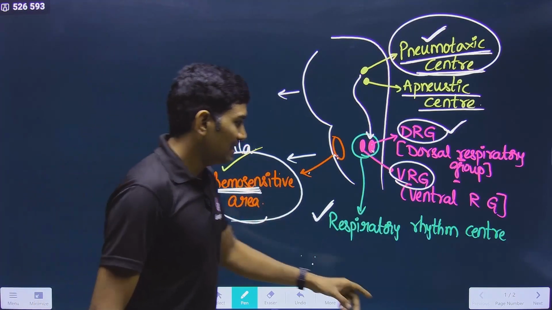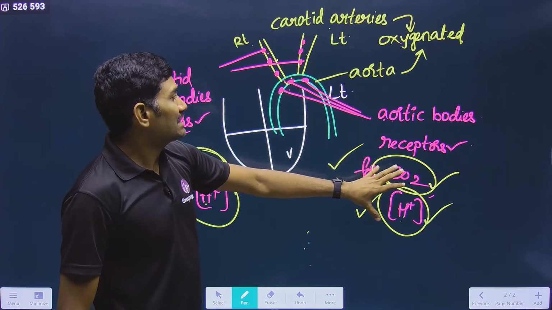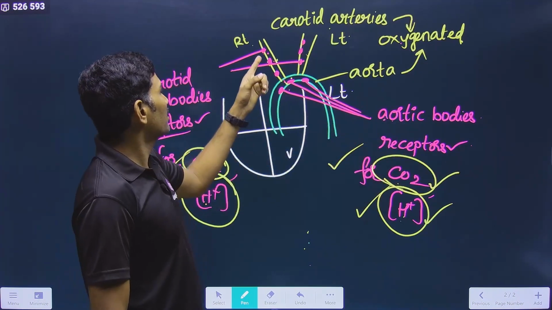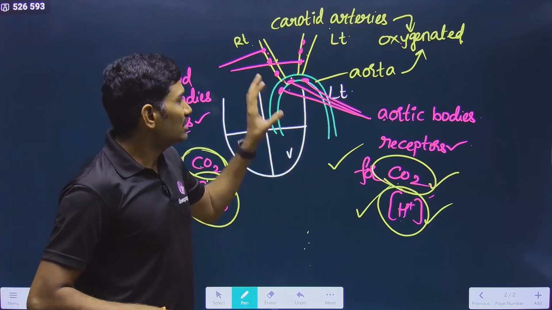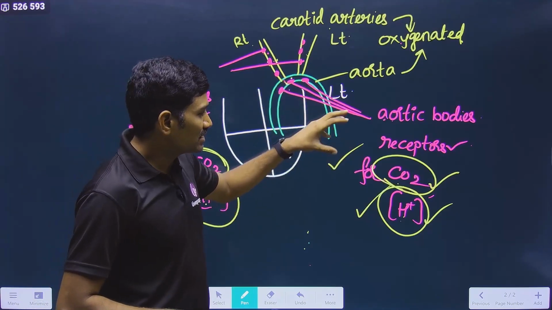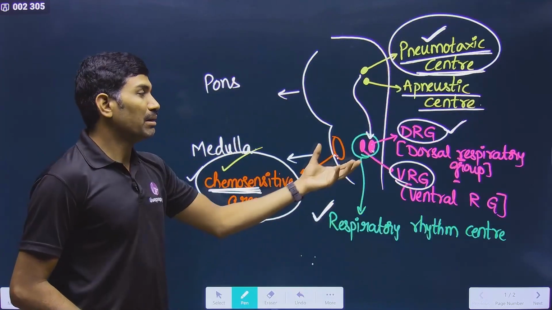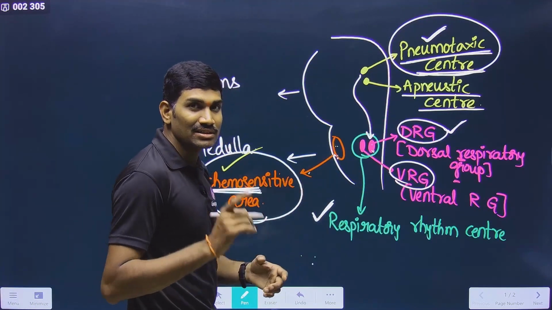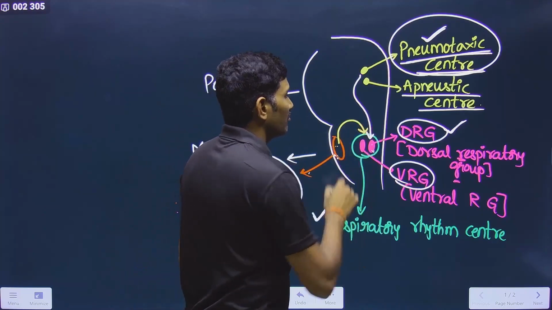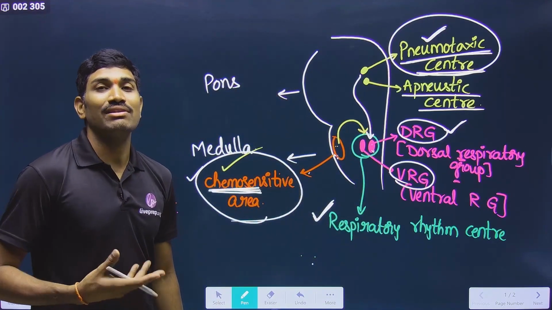The chemosensitive area will receive information from receptors present in aortic bodies and also carotid bodies. Understood or not? In this way, the information regarding the levels of CO2 and H plus ion is obtained by the brain. Once it feels that oxygen levels are less, it will again give the information to the respiratory rhythm center. Now once again breathing rate will increase.